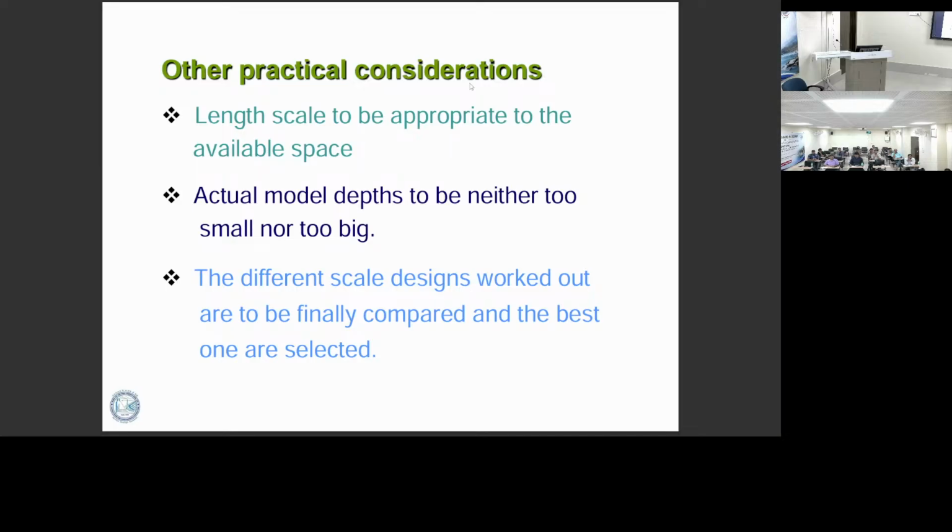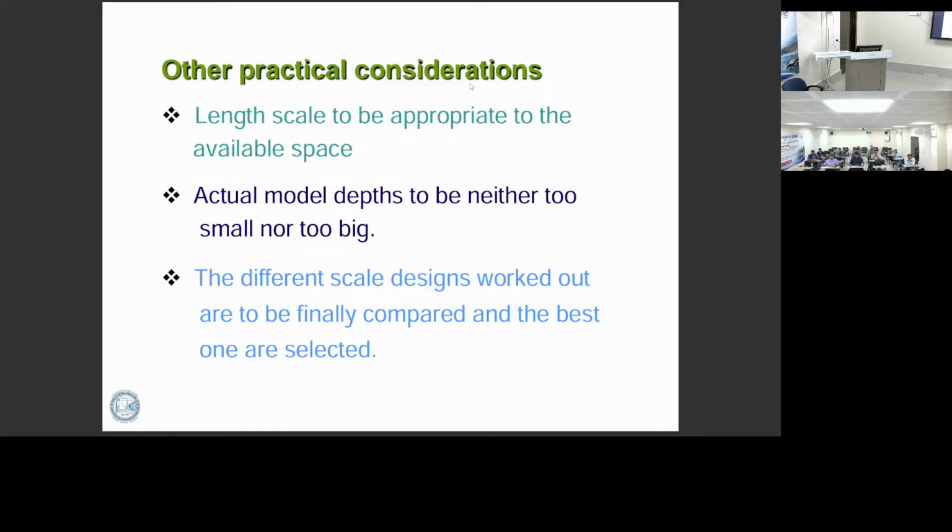Then you get the space, meaning the L into B tray. Suppose it is 10 kilometers, 10 kilometers divided by 500, your scale. What will be this in meters, so many meters in the model, and then the vertical scale. As a thumb rule in the model, three things are to be kept in mind. One is space.